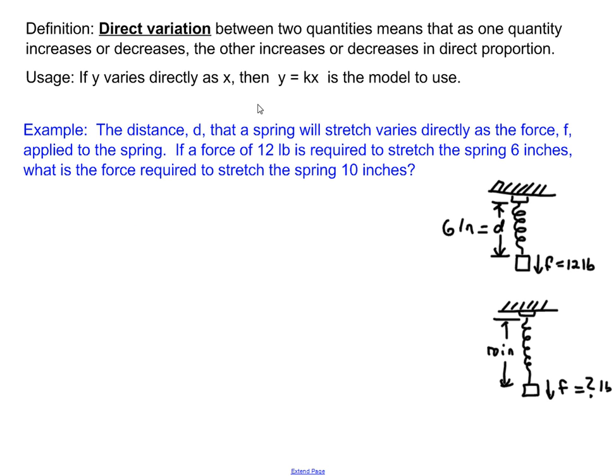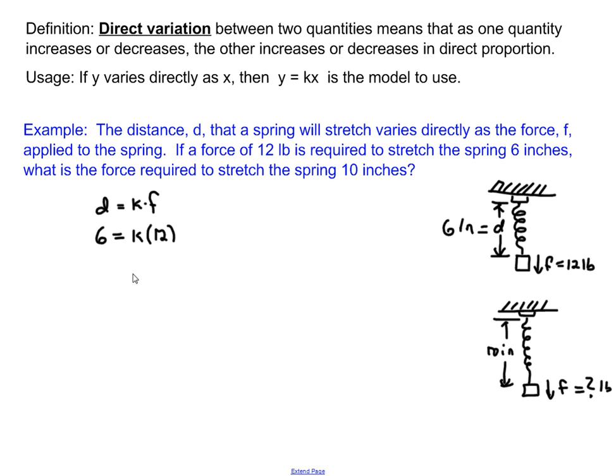So we're going to set up a model similar to this one. We're going to say, well, if distance varies directly as force, distance is equal to some constant times the force, right? And we know right away that the 12 pounds is required for 6 inches. So we can use that given information that 6 inches is equal to our constant times 12 pounds.